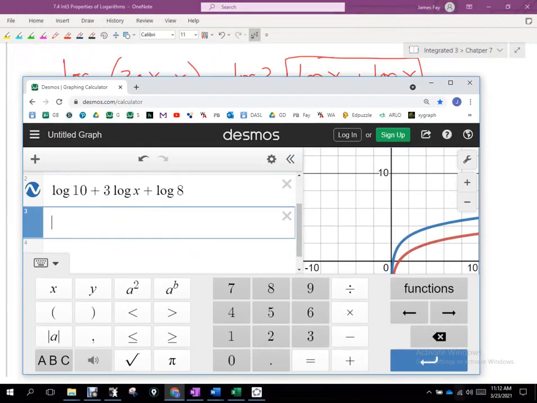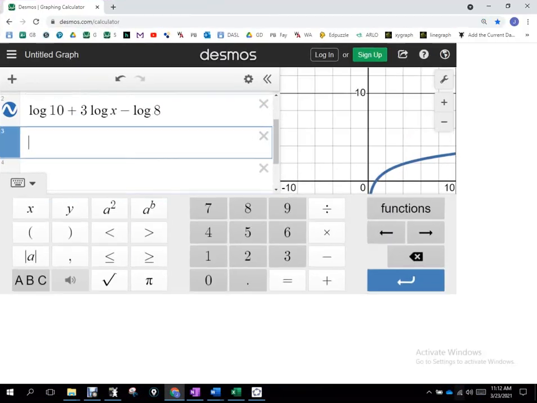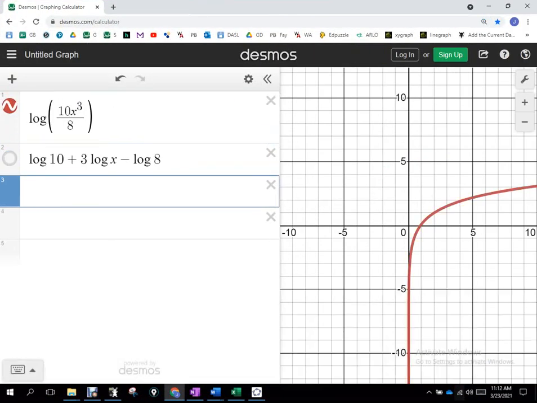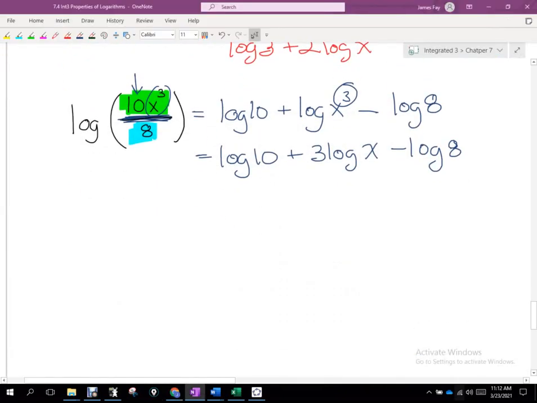Oh, subtract. Thank you. And there you see that the red curve and the blue curve are identical. So that is showing us that no matter what x value you plug in here, if you plug the same thing in here, you get the same result. Is that okay? Let's do another one like that.